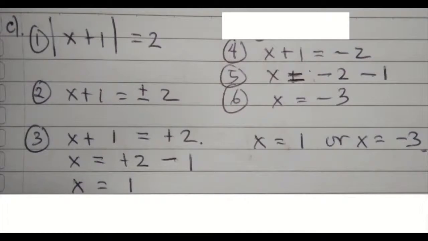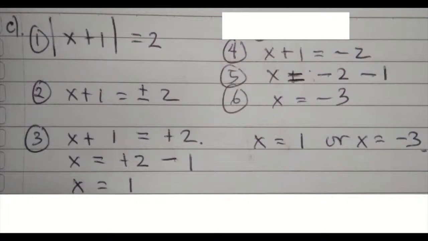And now we move to 1C. Solve the equation: the absolute value of x plus 1 is equal to 2. If we have this kind of question, we need to interpret the idea of absolute value in the equation. It means that x plus 1 is equal to plus or minus 2.